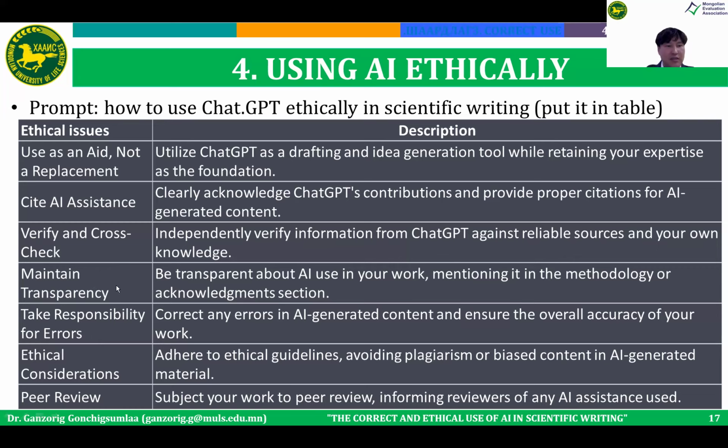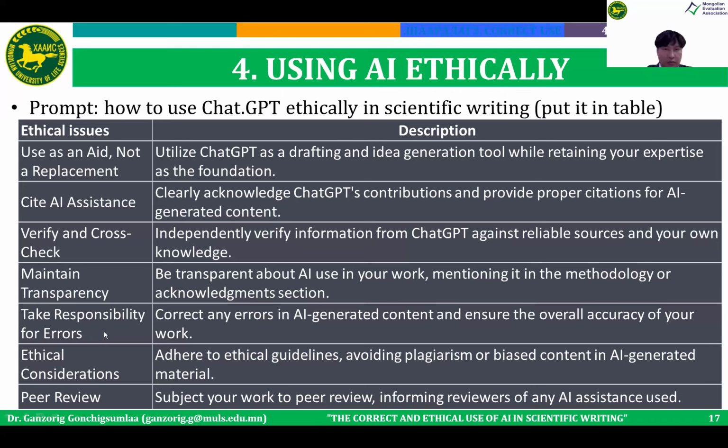And also maintain transparency, be transparent about AI use. It's kind of the same here: cite AI, and take responsibility for errors, because any AI can make errors, so you have to take all the responsibility for errors. And there are ethical considerations: there are guidelines, sometimes regulations from the university or whatever organization, that put some restrictions or rules on the use of AI.